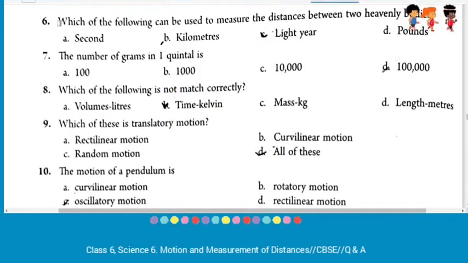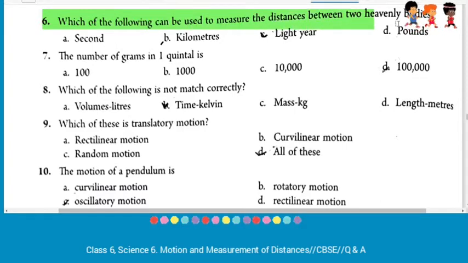Sixth question, which of the following can be used to measure the distances between two heavenly bodies? Meters, kilometers, light year, pounds. Answer is light year. Light year is used to measure the distances between two heavenly bodies.